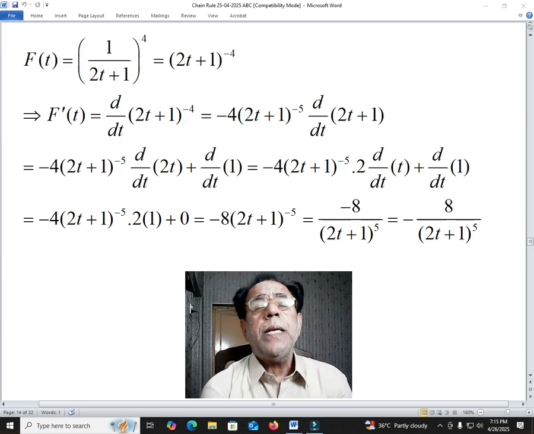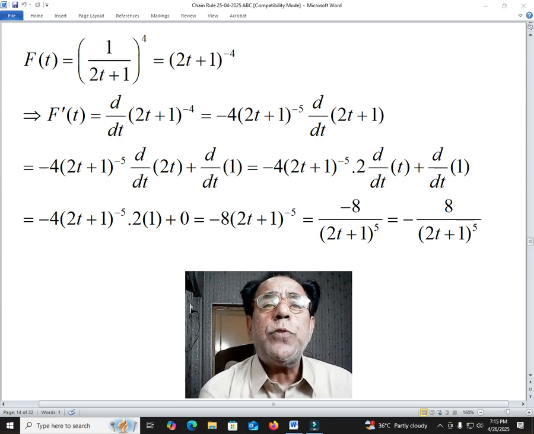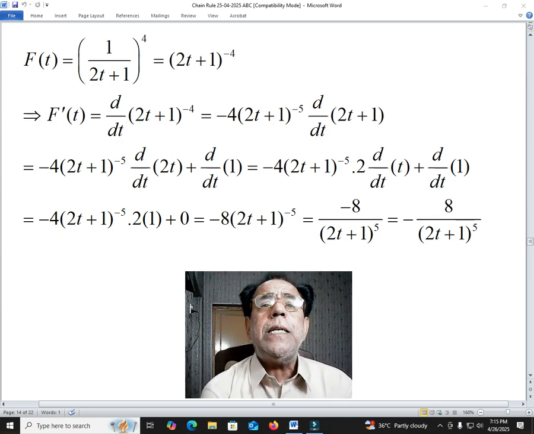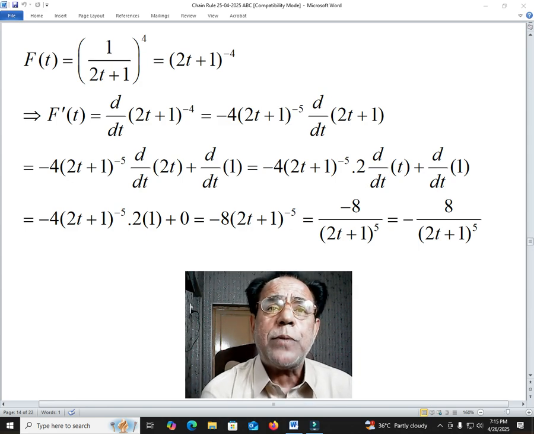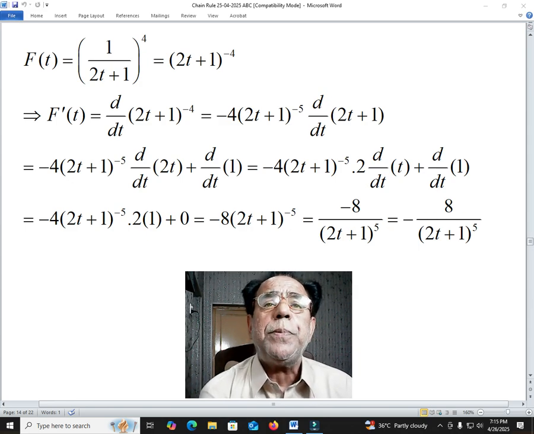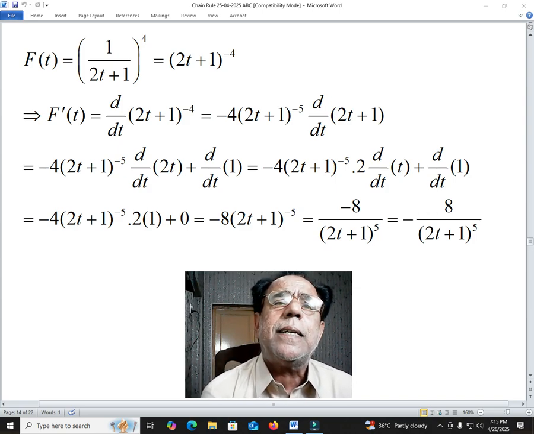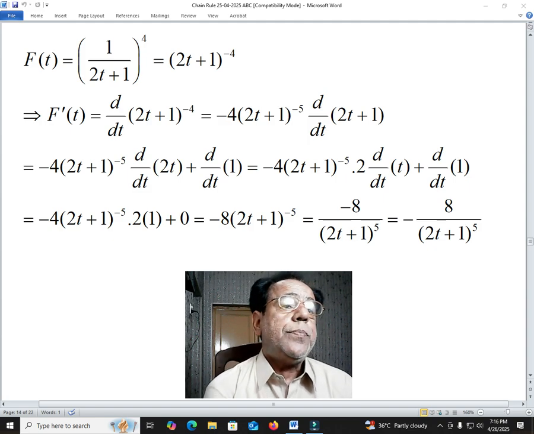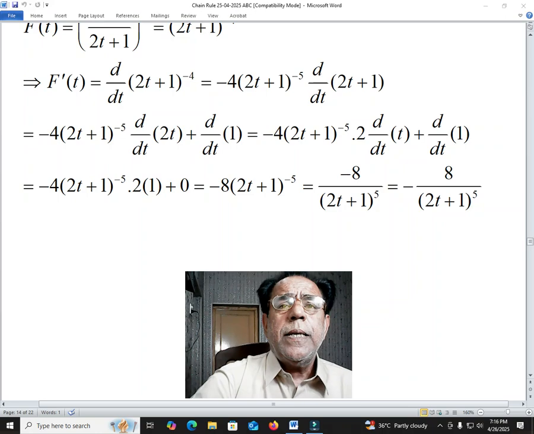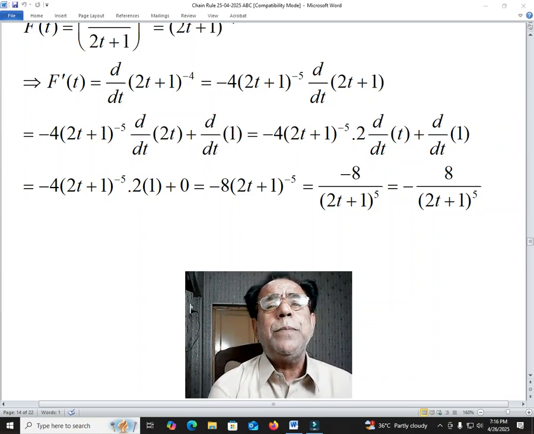Yes students, here differentiation of 2t with respect to t will give 2 result, while differentiation of 1 with respect to t will give 0 result, because 1 is a pure constant factor, it is not being multiplied with any t or t square or t cube etc. Okay, so quite simple. Next, just simplification.